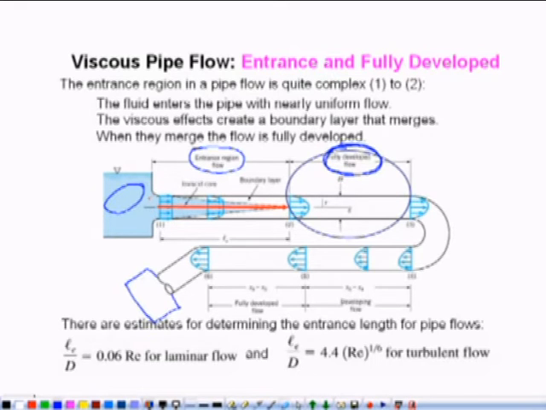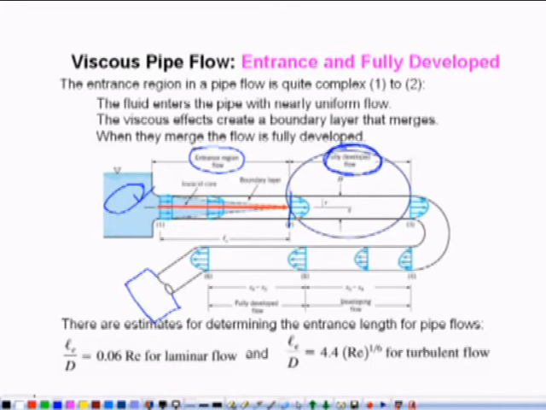When fluid enters from a reservoir into a pipe, the boundary layer, or the velocity profile, is continuously changing. It changes up to a certain point, and after that it attains a steady velocity profile.